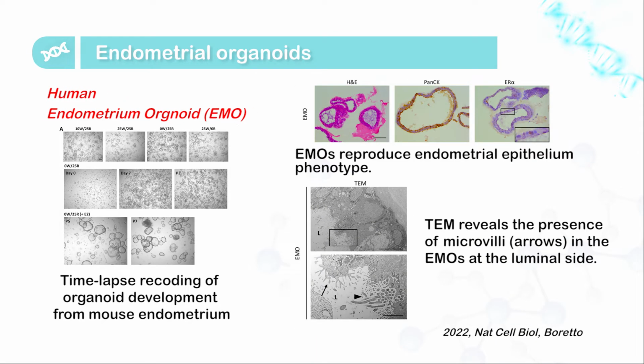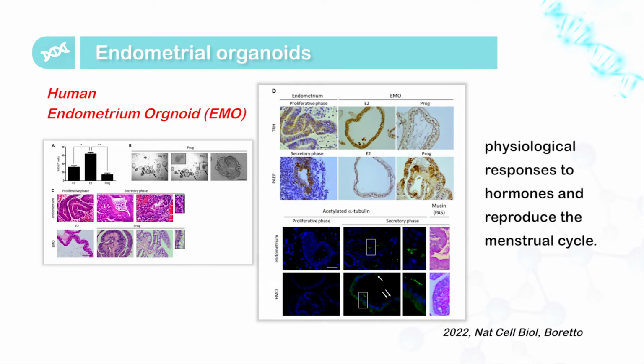This picture shows the development of organoids from human endometrium, reproducing the phenotype of the epithelium. Similar results to the mouse endometrial organoid. Most of all, human endometrial organoids show physiological responses to hormones and reproduce the menstrual cycle.